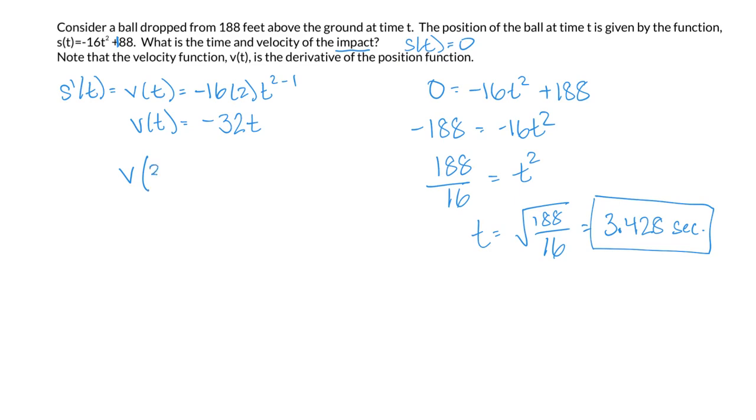So we're going to plug in 3.428, and we get approximately, take the answer that's in your calculator and multiply it by negative 32, and we get approximately negative 109.690.